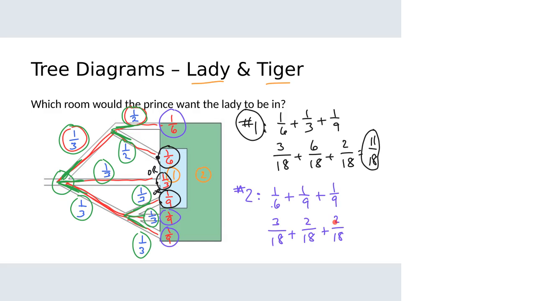And we add 3, 4, 5, 6, 7. So the probability of ending up in room number 2 is 7 out of 18. So if you are the prince, you would rather have the lady be in room number 1, because at random, you have a better chance of ending up in room number 1 than you do in room number 2.